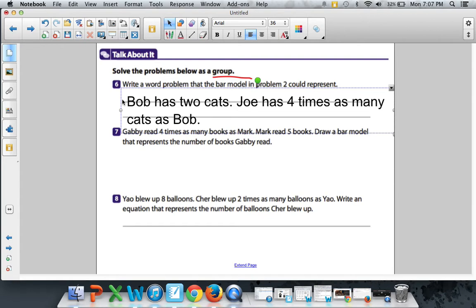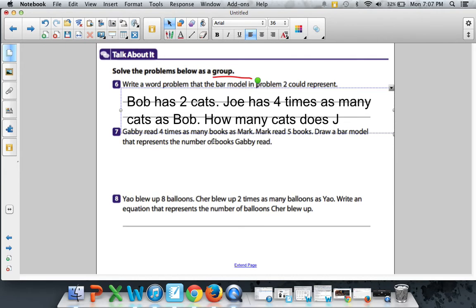That's important because we're talking about 2 times 4 is 8, right? So I put in the 2, Bob has 2 cats, and then I put in the 4. Joe has 4 times. You need that times so it can be a multiplication problem. So Joe has 4 times as many cats as Bob. Last part, how many cats does Joe have?